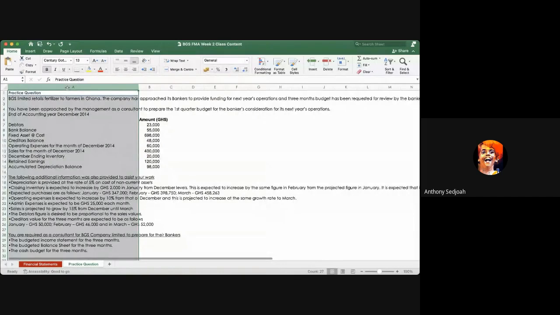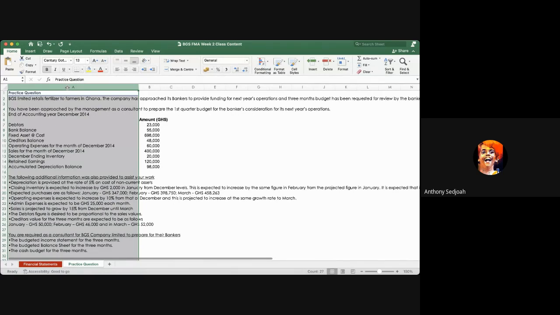So as part of the process of getting the funding, the bank wants to know how their financials are going to look in future. They want to know how profitable they'll be in future. They want to know their net worth in future. They want to know the movement of their cash in future.